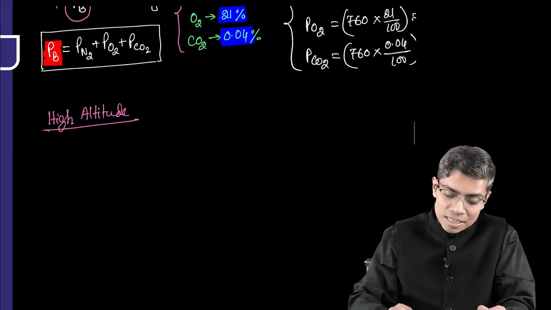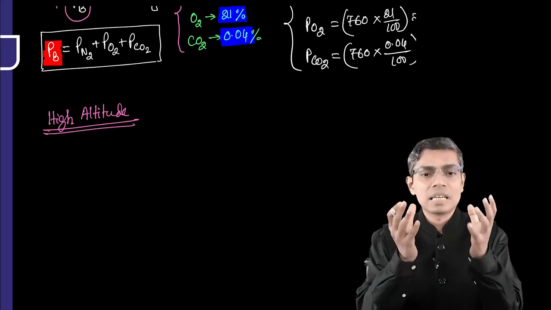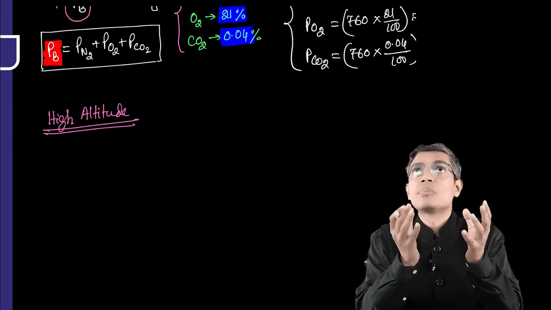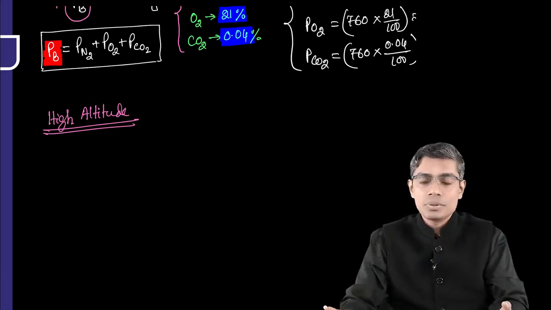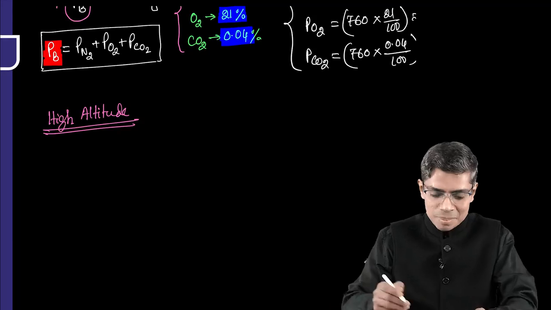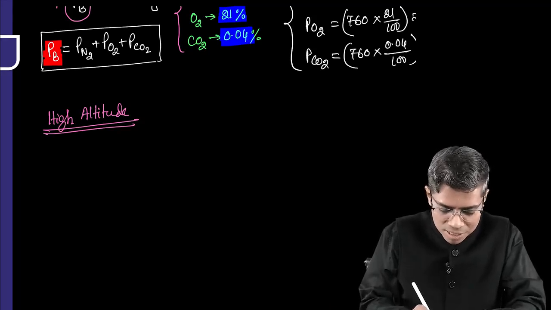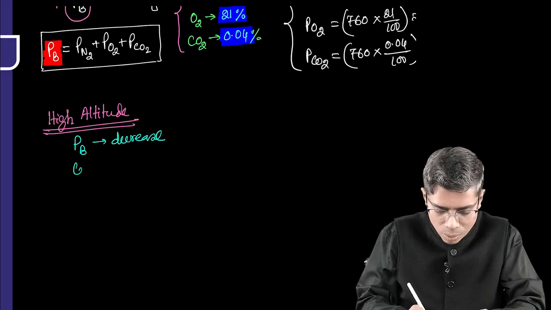Even if you reach Mount Everest and take 100 ml of pure air and analyze it, you are going to get 79 ml of nitrogen and 21 ml of oxygen only. Means composition will remain the same, but the barometric pressure will decrease.